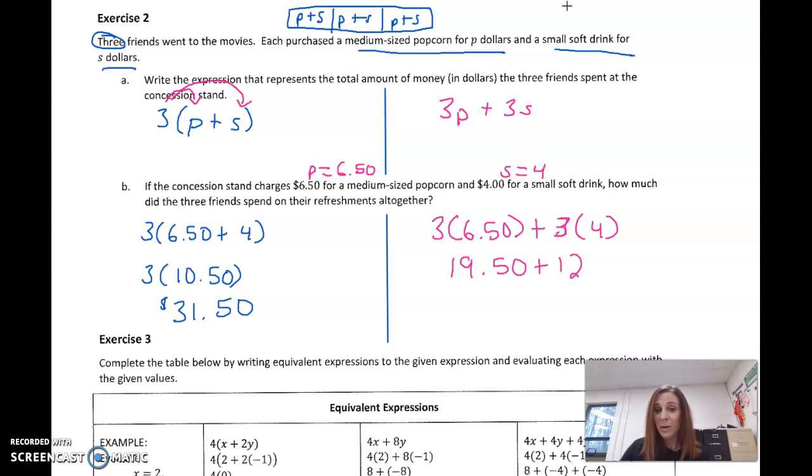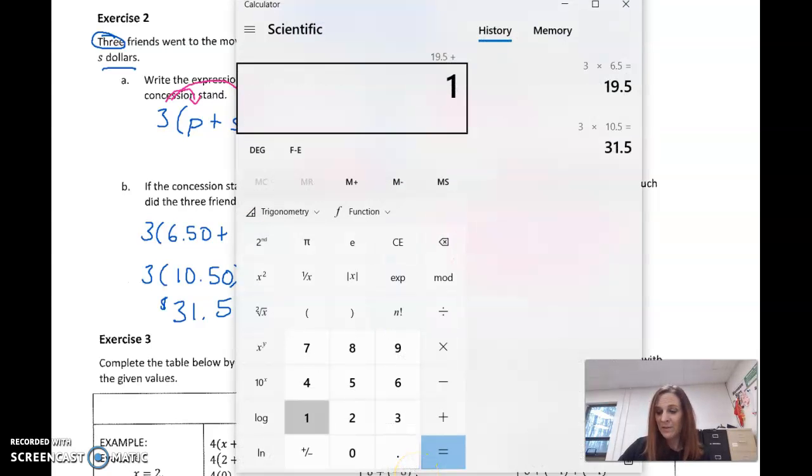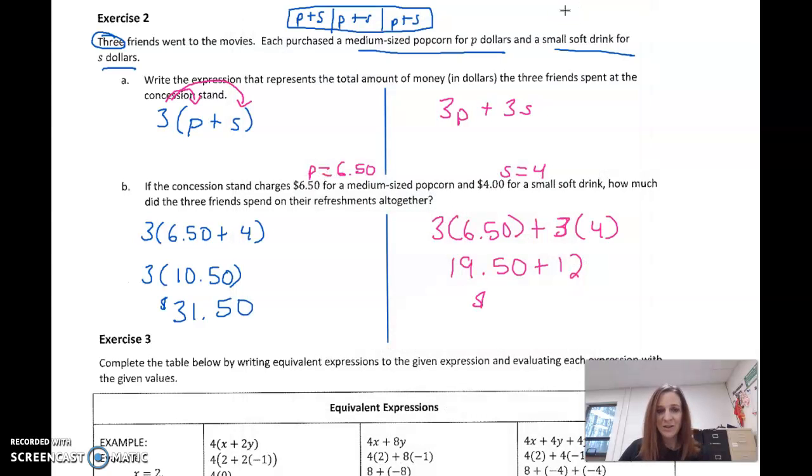Plus 3 times 4, which is $12. $19.50 plus 12 is $31.50. So you can see how they're equivalent expressions and how we get the same answer for them. So it doesn't matter, okay?